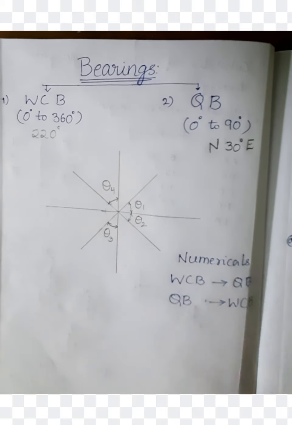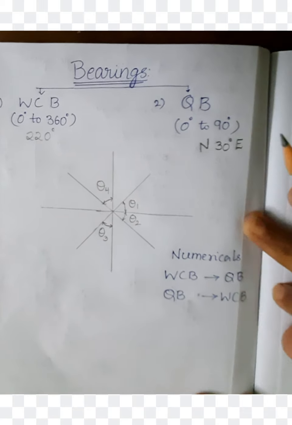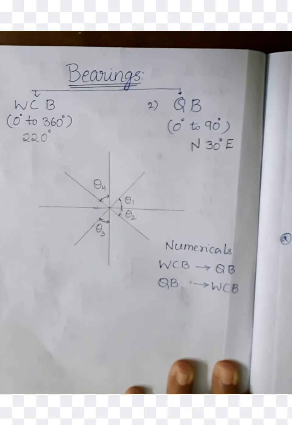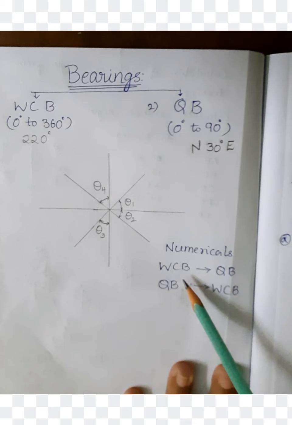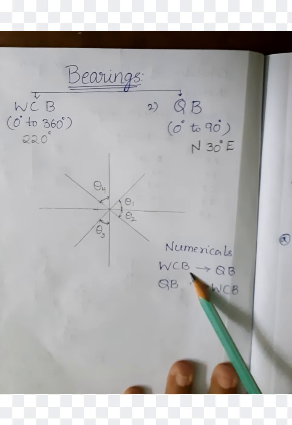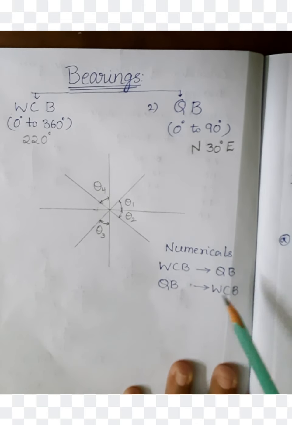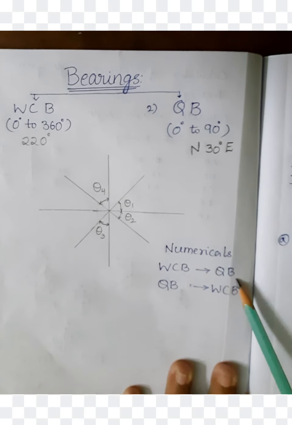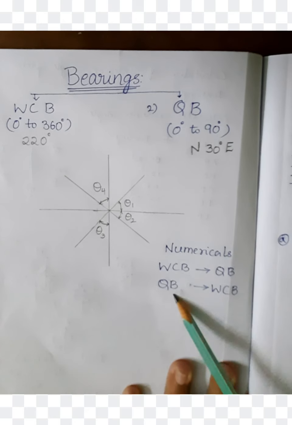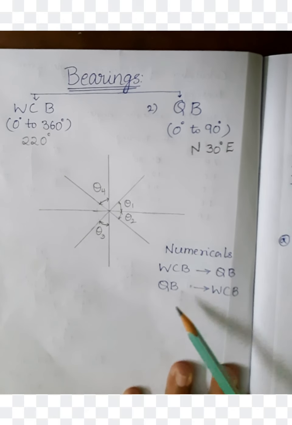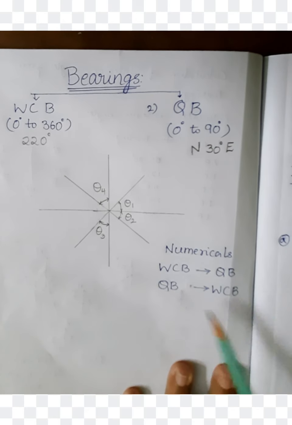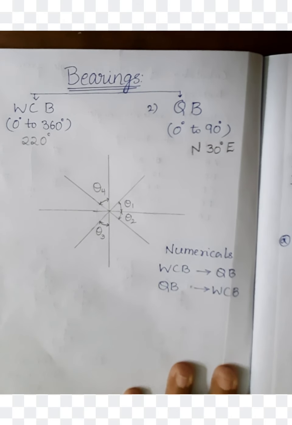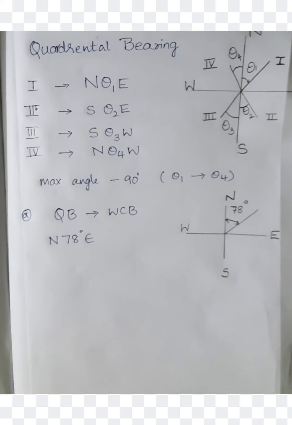Coming to numericals, you have two models. You will be given an angle in the whole circle bearing system and be supposed to convert it into the quadrantal bearing system, and vice versa. You will be given a quadrantal bearing angle and be supposed to convert it into the whole circle bearing system. Two types of numericals are there.